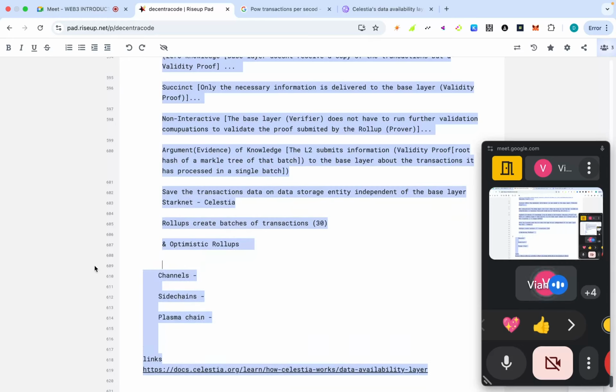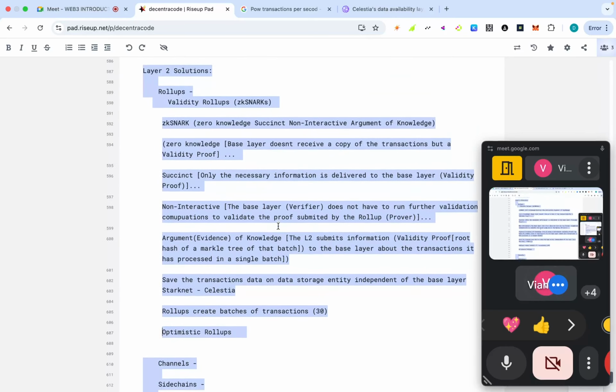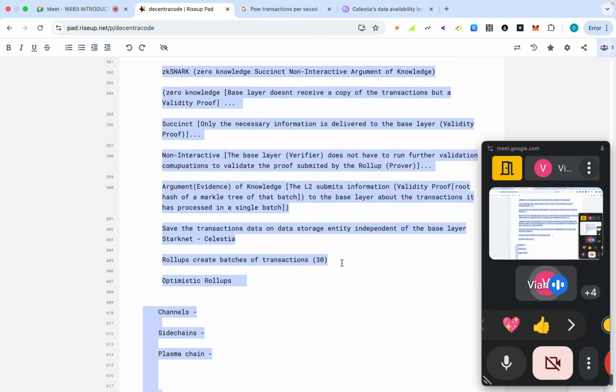Okay, so basing on how we've understood how a validity rollup works, this is essentially what it is. It batches transactions. Let me start with this.